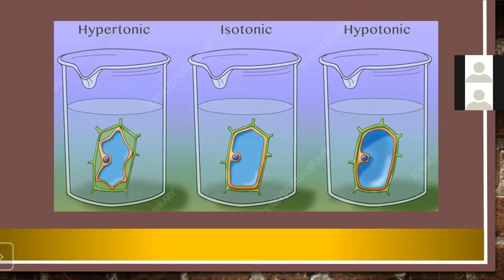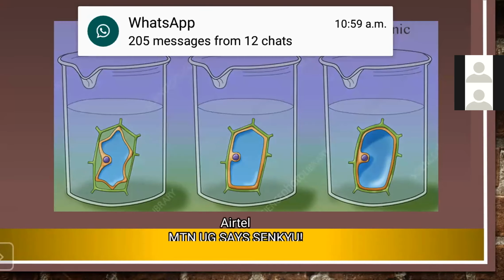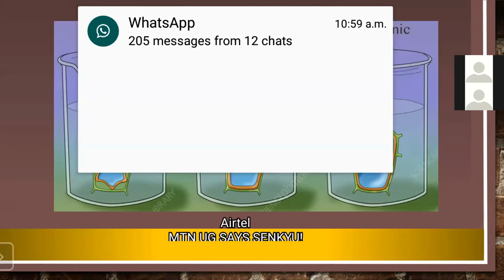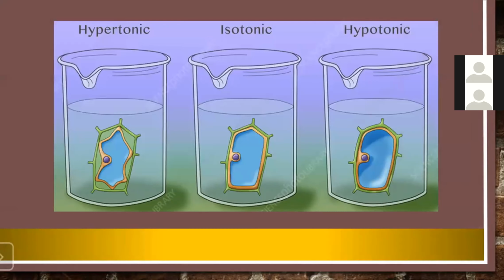And then the cytoplasm pulls away from the cell membrane, pulls away from the cell wall, and that begins the process of plasmolysis. And then depending on the concentration of the surrounding solution, the cell membrane may pull completely away from the cell wall.